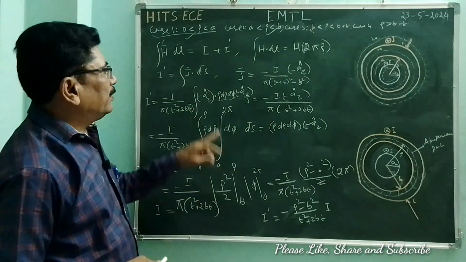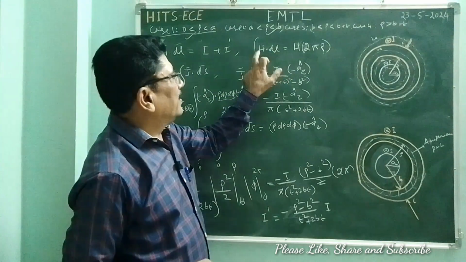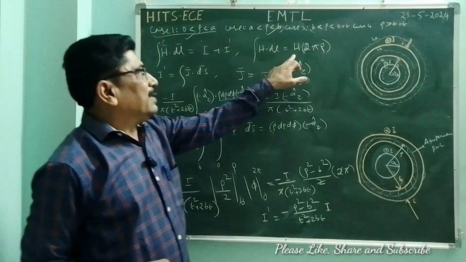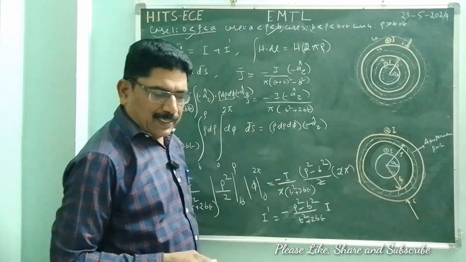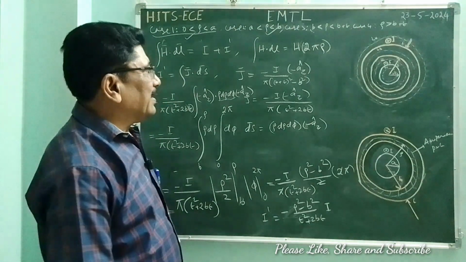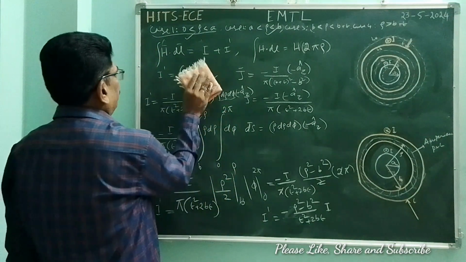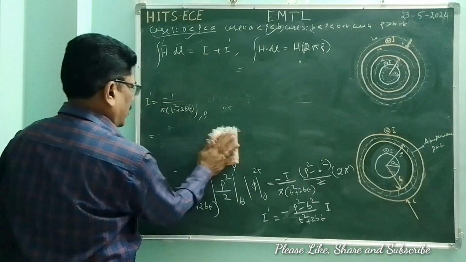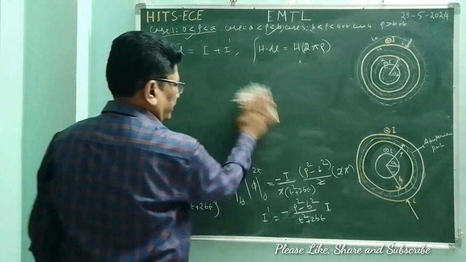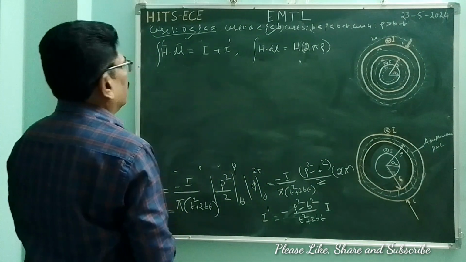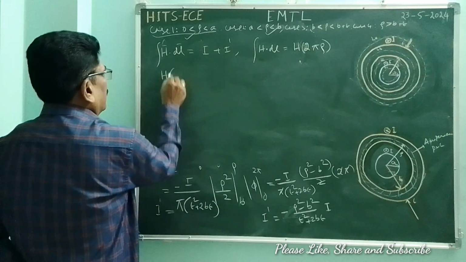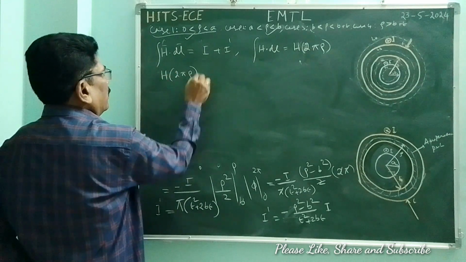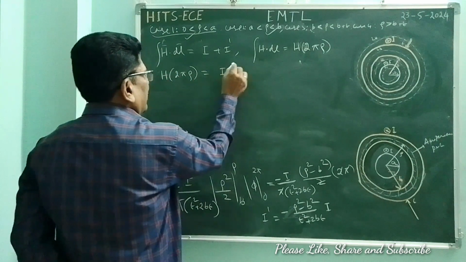That will be equal to H into 2 pi rho, and from that expression we will find out the magnetic field intensity H. So H into 2 pi rho is equal to I plus I dash.